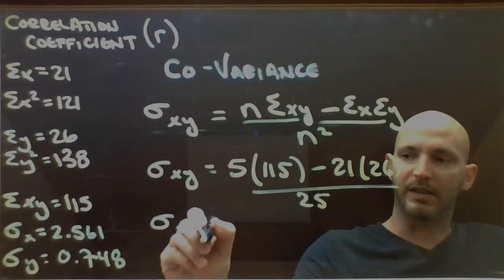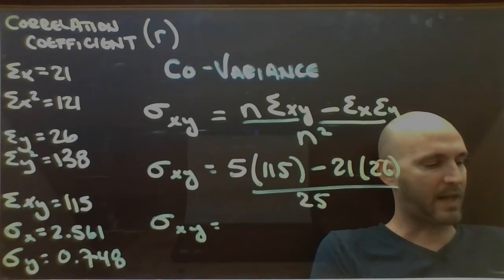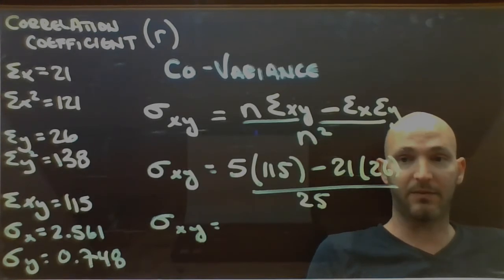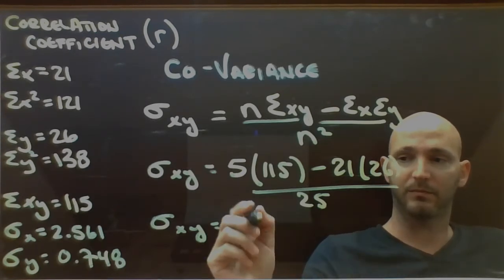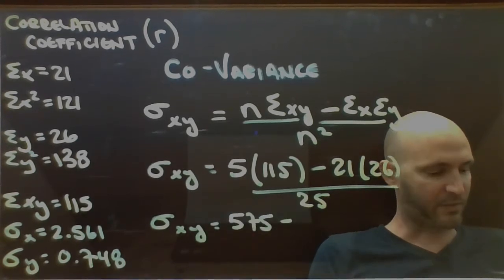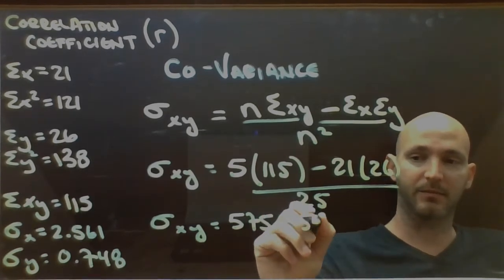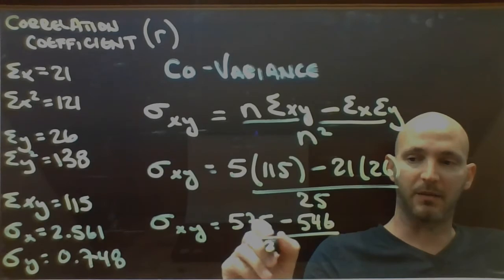So my covariance then is 5 times 115, which is 575, minus 21 times 26, which is 546, divided by 25.